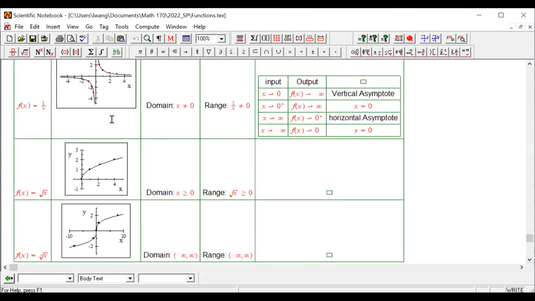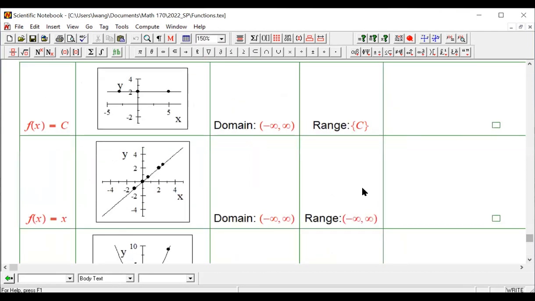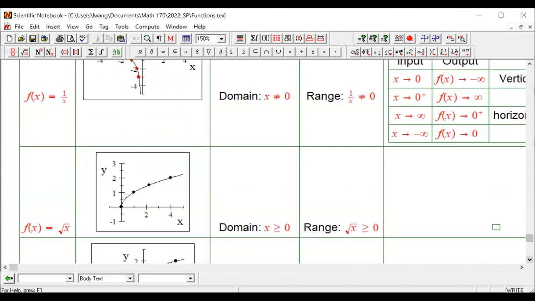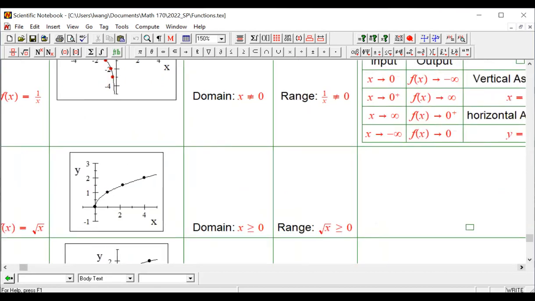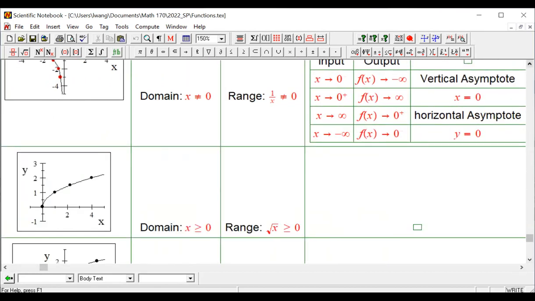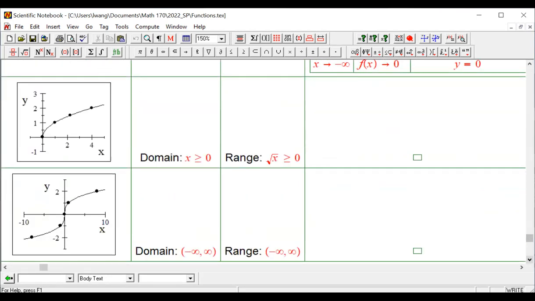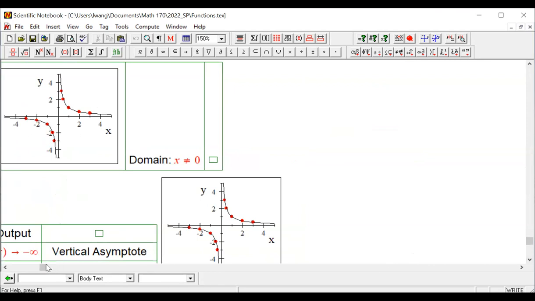And for 1 over x, I have this little table here. You should be able to get them by scrolling down and playing the videos to get these messages. So we have these summaries for you. I will also create a file and make it available to you.